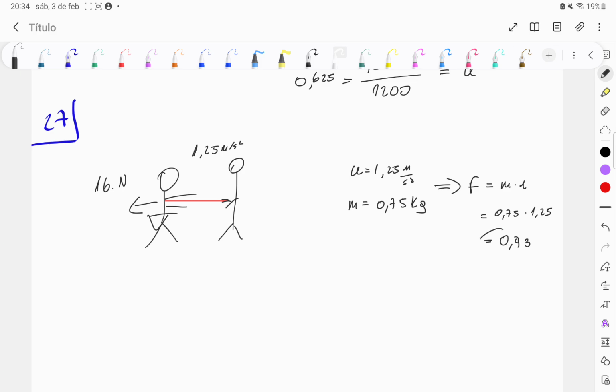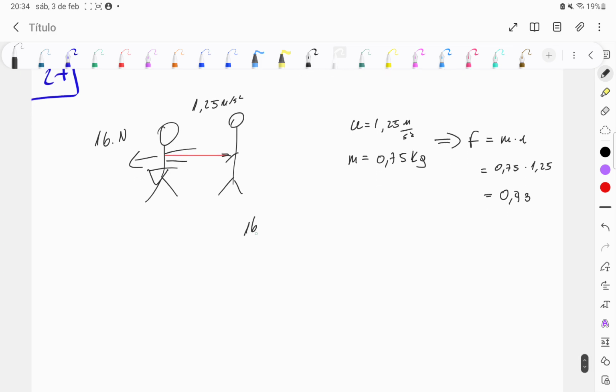That means I'm 0,93 newtons over yours. Then if your newtons are 16, I'm like this, therefore my force is equal to this many newtons. And what the book says is this is 0.9 only.